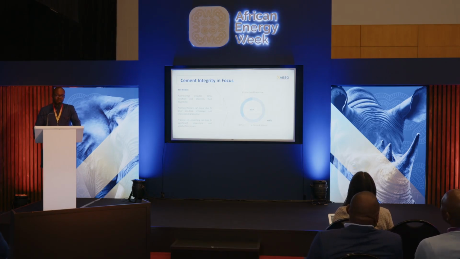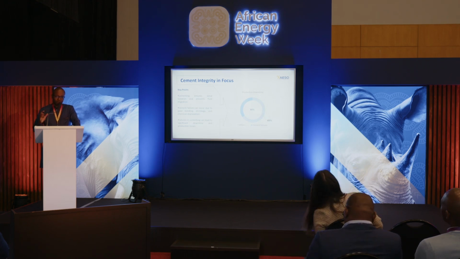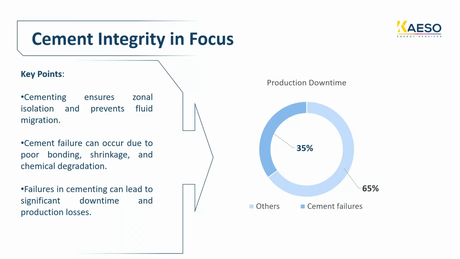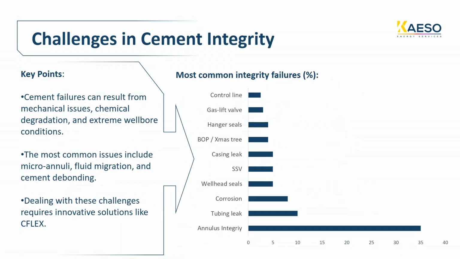The production downtime, how does the cement affect the production downtime? 35% of production downtime is due to cement failure. So it is a big problem, and you can have losses of up to $1 million per day. The challenges with cement.